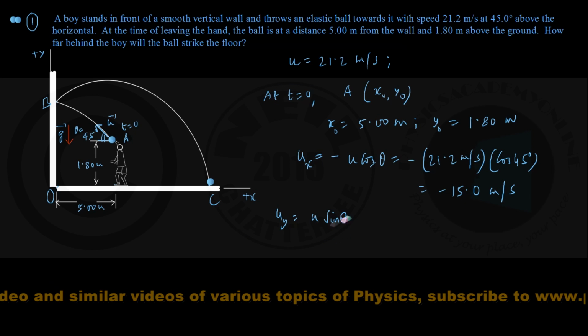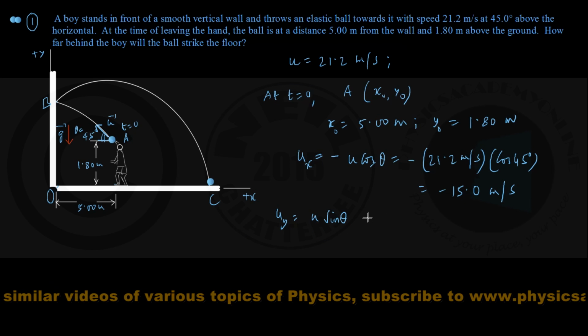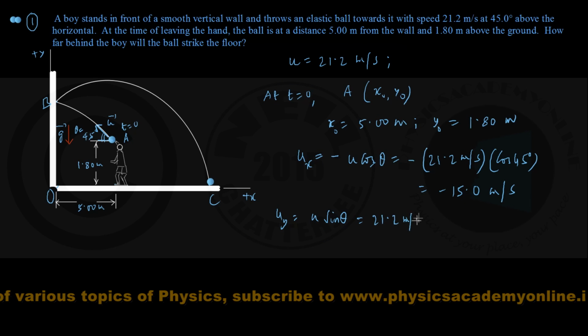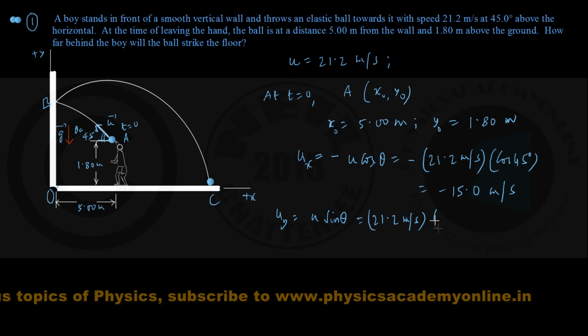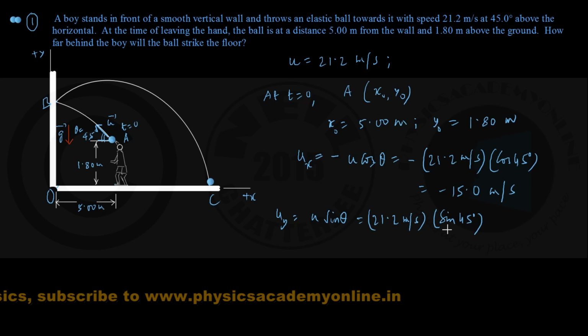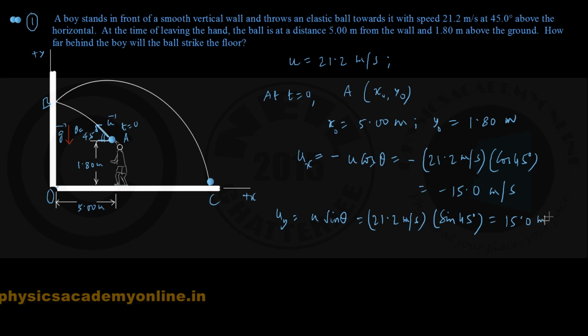So this is u sine theta, and this is coming out to be 21.2 meter per second into sine 45 degree. It is also same as cos 45, 1 upon root 2. So this is coming out to be plus 15 meter per second. These are the initial velocity components of the ball at the point of release from the hand.